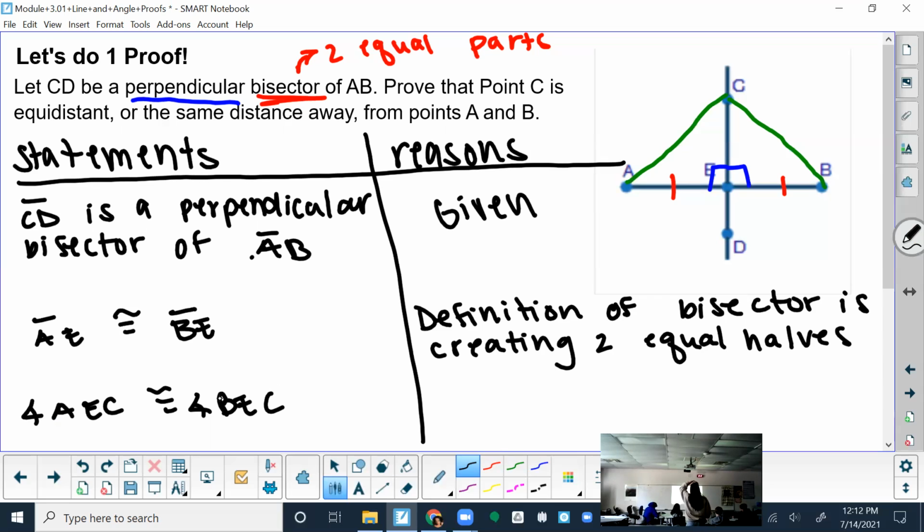We know that they're 90-degree angles. What told us that? So what's our reason for stating that? Good. We know that perpendicular lines create 90-degree angles. So for my reason, I would put definition of perpendicular lines.